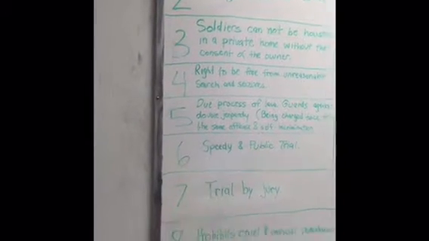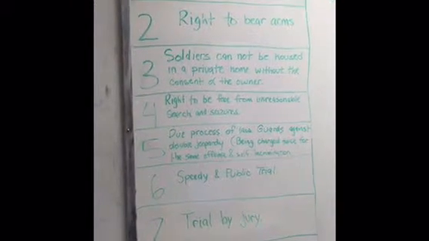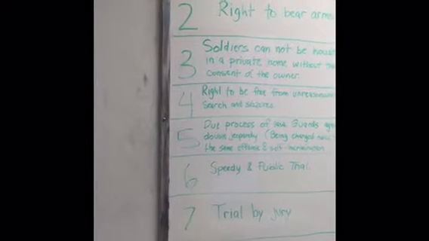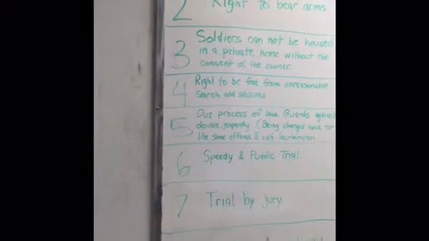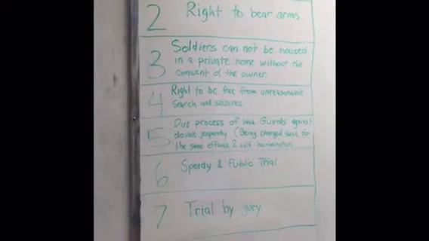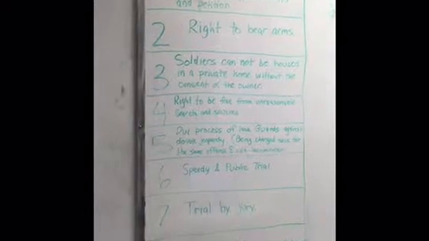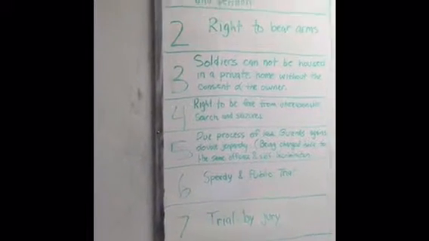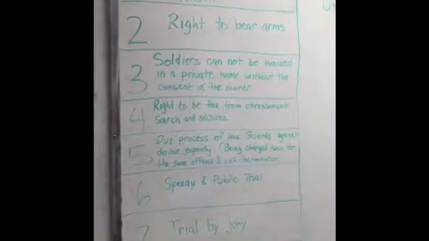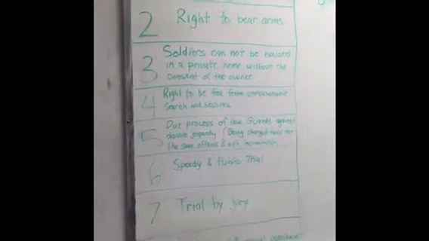All right, amendment number 1 is you have the freedom of religion, speech, press, assembly, and petition. This is something that is very important because without this amendment, we could probably get indicted for simple things. Amendment number 1 guarantees the freedom of speech, freedom of religion, press, assembly, and petition.